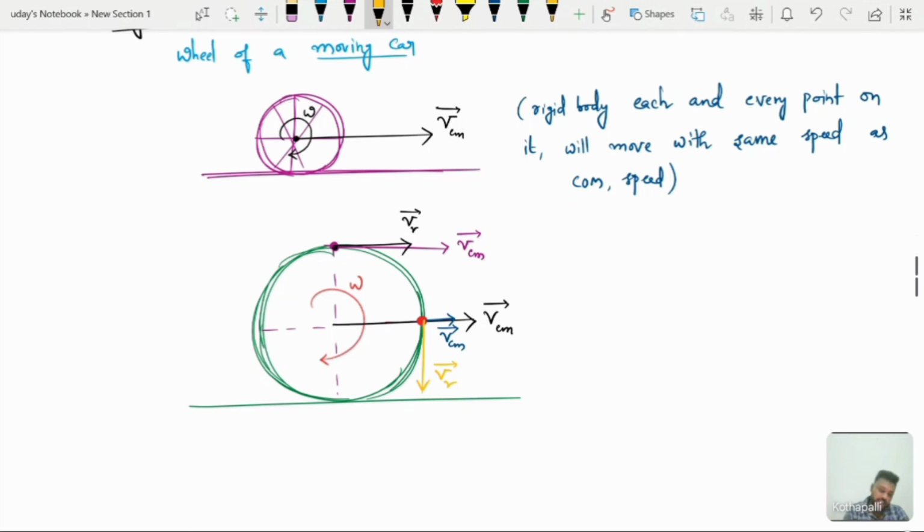Again, come to one more point, the bottommost point, which is in contact with the ground. Velocity due to rotation will be this side because this entire body is rotating like this. So for the bottommost point, it will be directed in this direction, so V due to rotation. And again, as usual, if I take one more point here, VCM and V due to rotation.